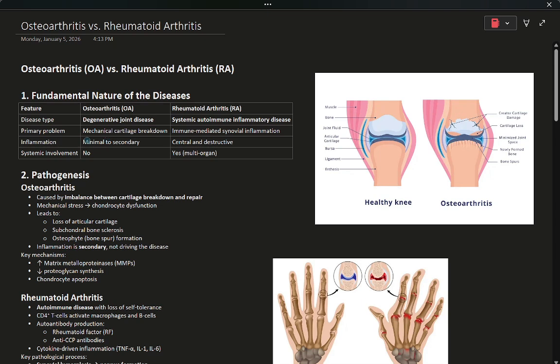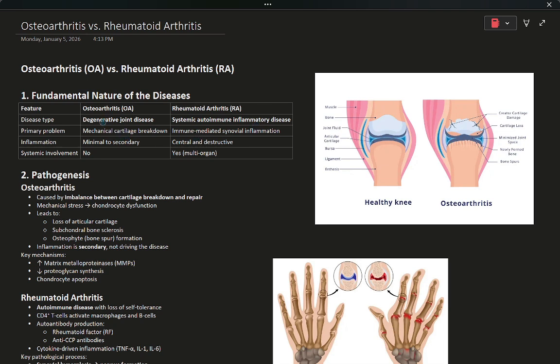Here's a nice table that can help you to differentiate between osteoarthritis and rheumatoid arthritis in several ways. So, osteoarthritis is classified as a degenerative joint disease, while rheumatoid arthritis is classified as a systemic autoimmune inflammatory disease.